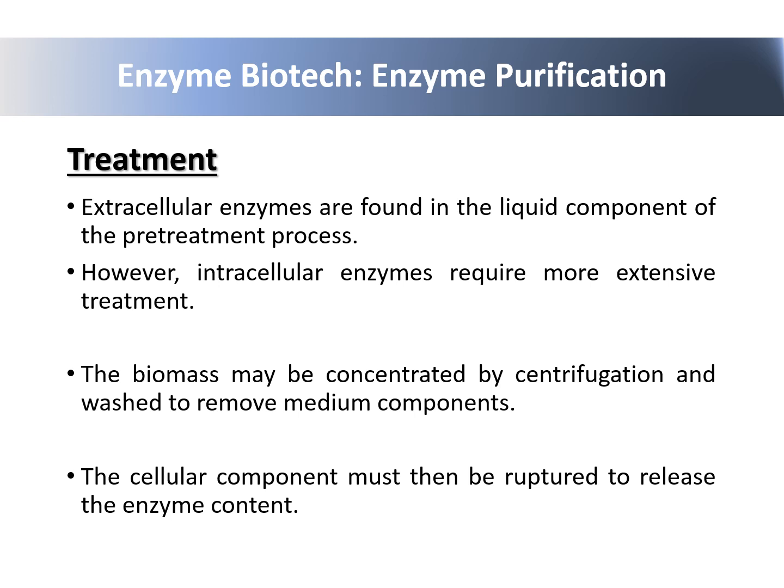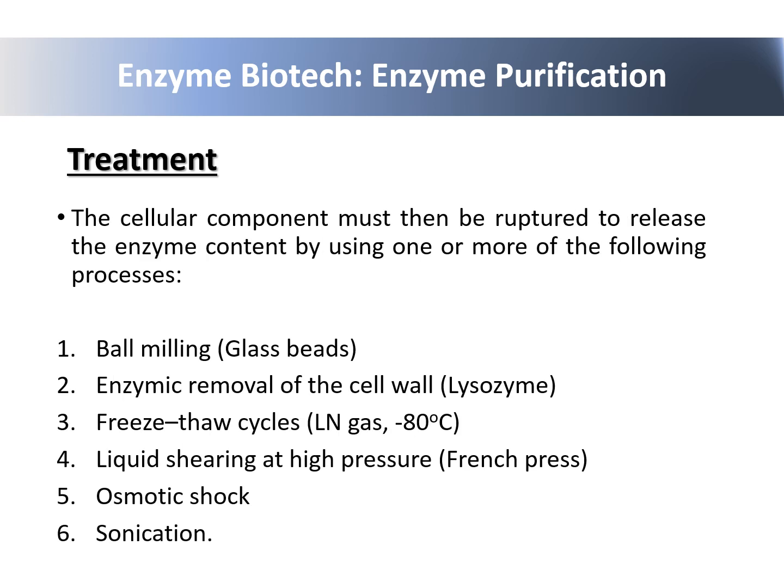So let's move into looking at the process of rupturing cells, still in treatment. You might need to use ball milling, and glass beads are involved here. You mix your glass beads, which are like crushed glass, with the microorganisms.